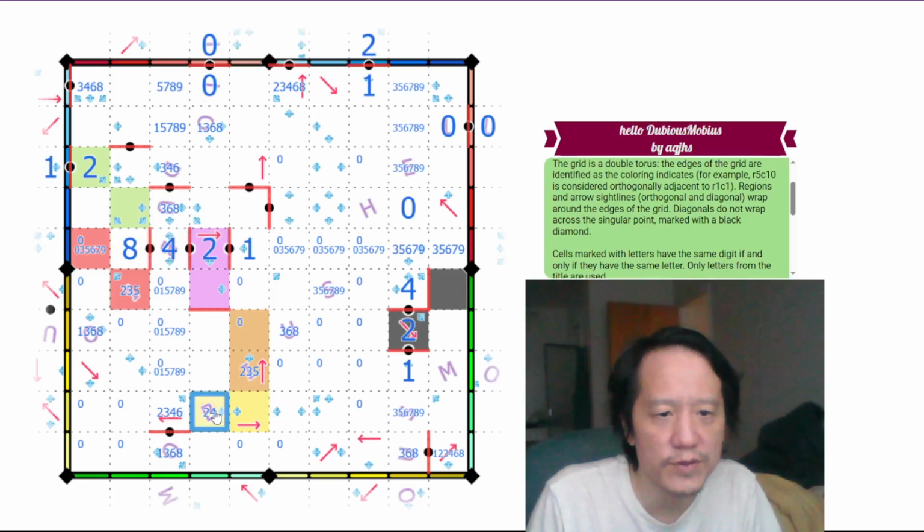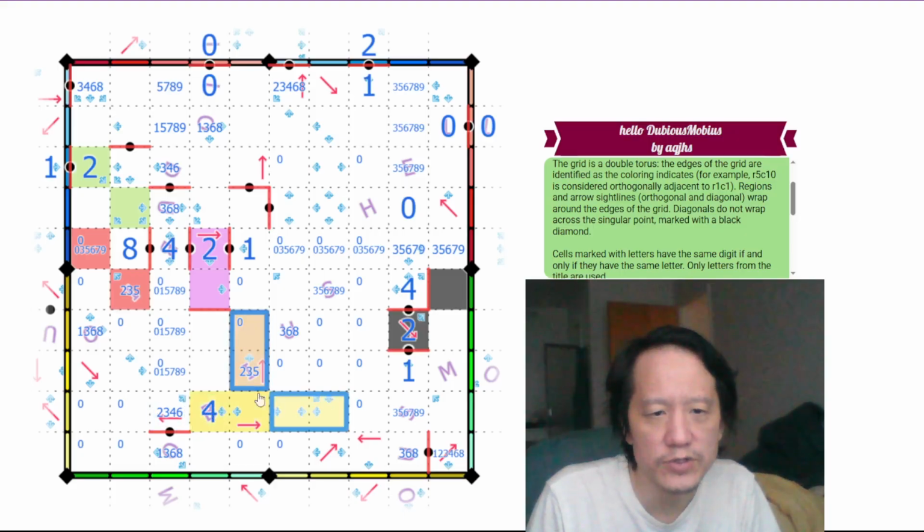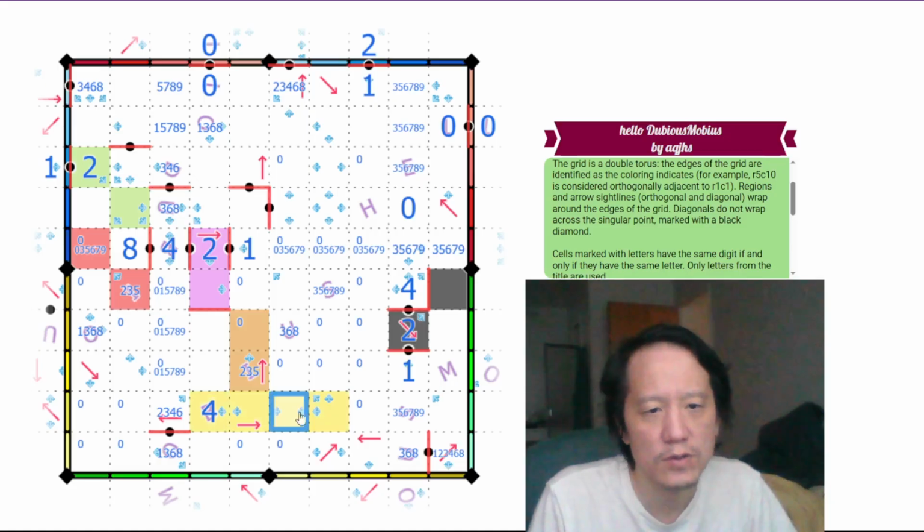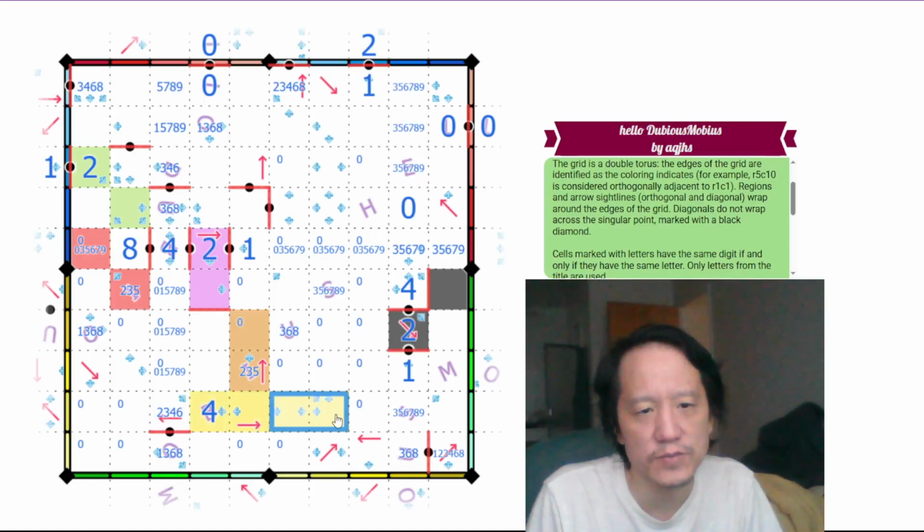This is 4, this is 4. So this must see 4 this way. This could be the same region. We don't know. This sees both of these, so it's at least 4. This sees at least this way, so okay, this is at least 2. This is at least 5 then.